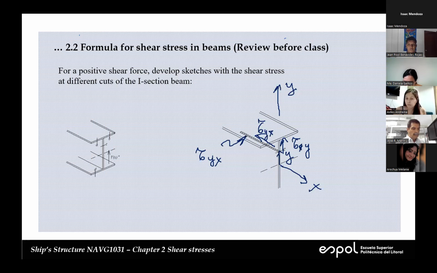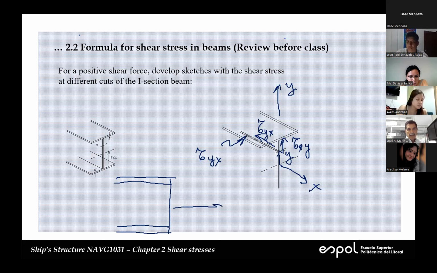Doctor, it's not so clear to me why you consider the negative phase. Let me try to draw. I'm going to draw a profile. So this is the flange, this is the web, and this is the lower flange.